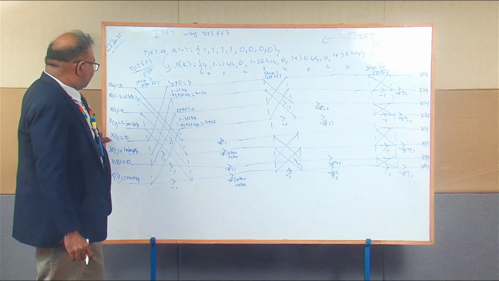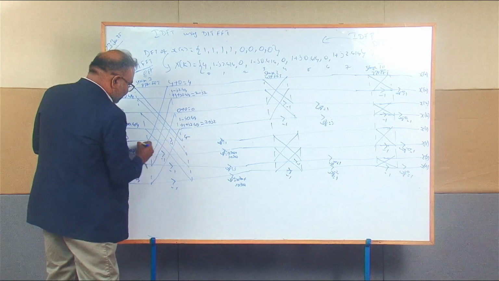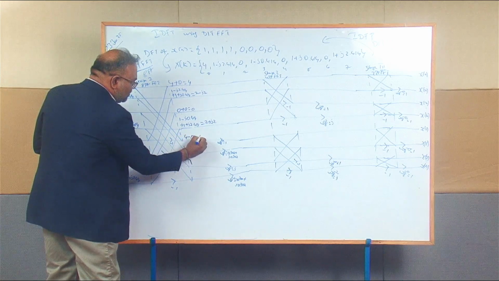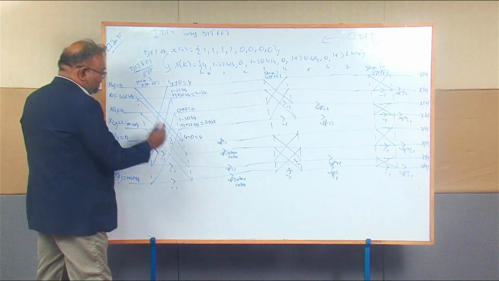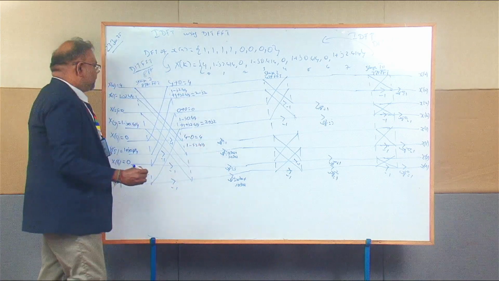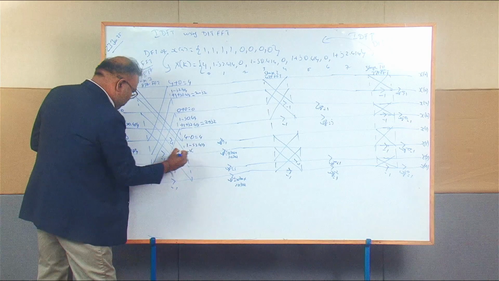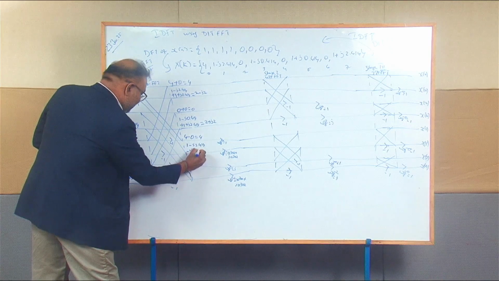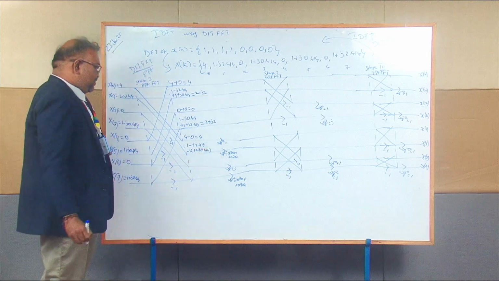Okay. Next one here, this signal: the first signal is 4, the next is 0 into minus 1, so 4 minus 0, it is 4. Next one, when I come to this, the first signal is 1 minus j2.414, minus 1 into 1 plus j0.414.